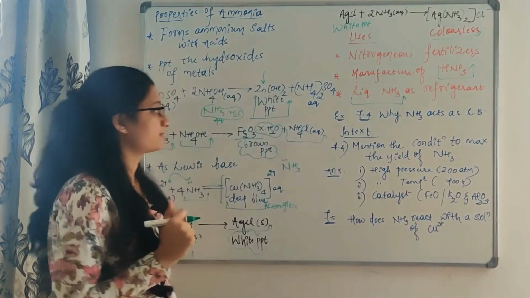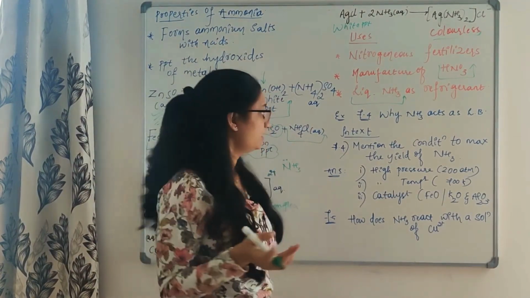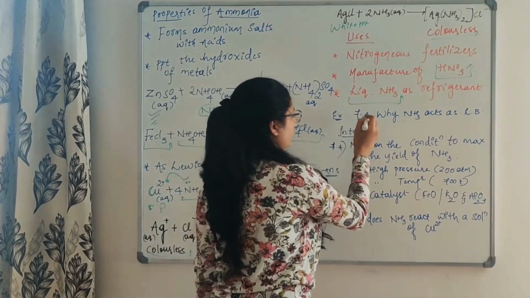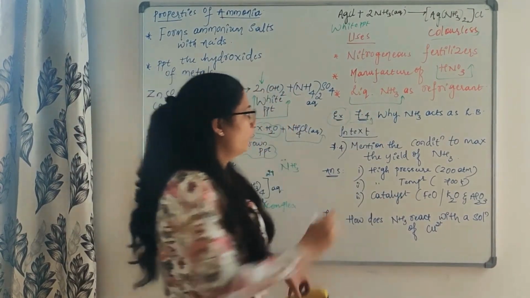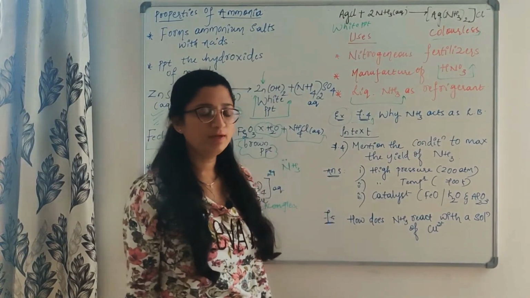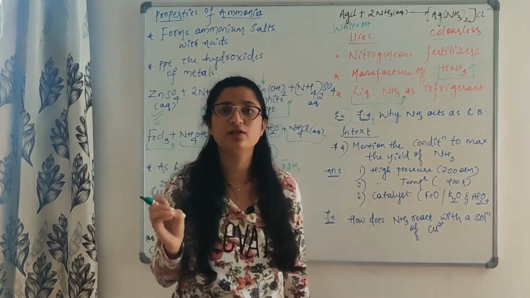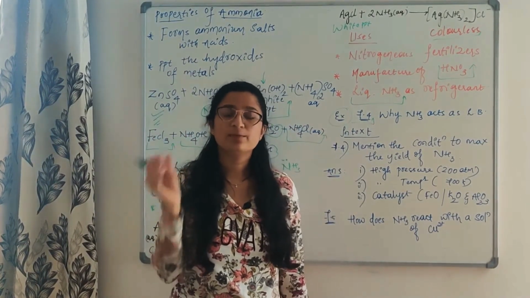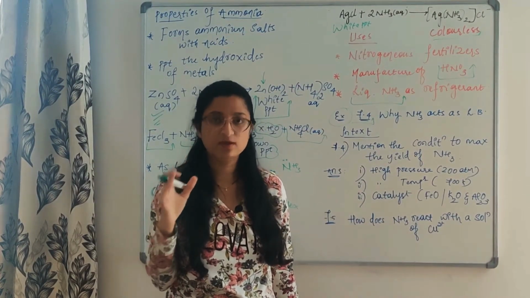Okay. Next. There are some questions that they have mentioned in your NCERT exercise, that is 7.4. Why does NH3 act as a Lewis base? Very simple. NH3 has a nitrogen atom which has a lone pair of electrons, and because of the presence of the lone pair of electrons, it acts as a Lewis base.